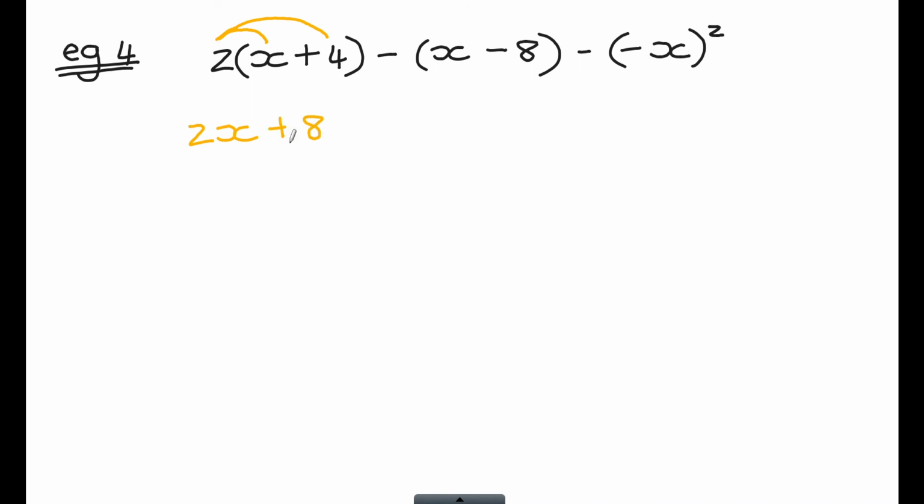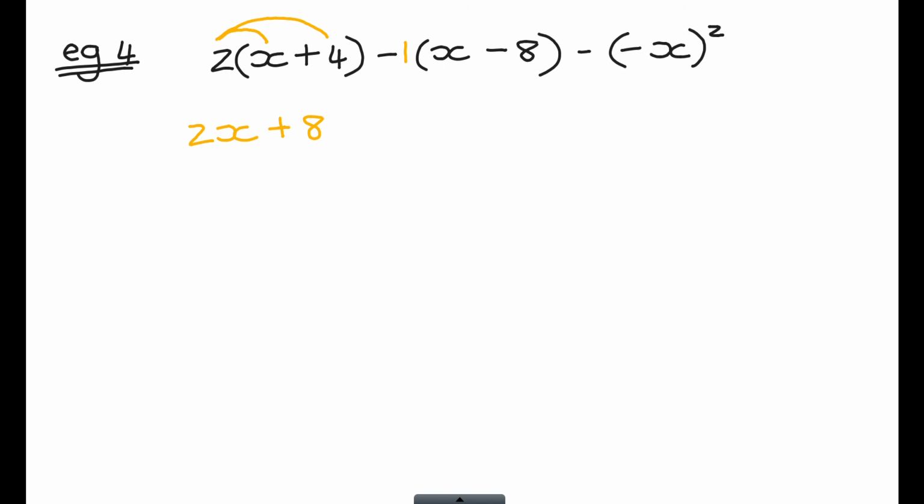Good. Now, what must I do here? Even though nothing is written here, there's actually a minus 1. Yeah, the minus was there. It's just the 1 we don't always write. So when nothing is written there, you assume that it's a minus 1.